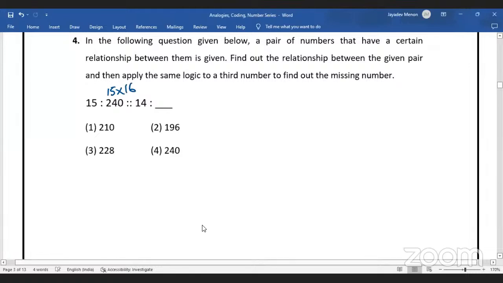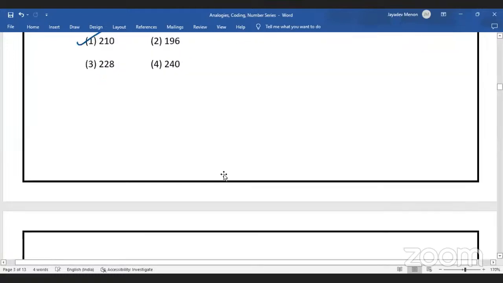That is 15 into 15 plus 1. So in the same way, here this will be 14 into 14 plus 1. That is 14 into 15. So we get 210. Option 1. n into n plus 1 form. 15 into 15 plus 1. In the same way, 14 into 14 plus 1. Next question.